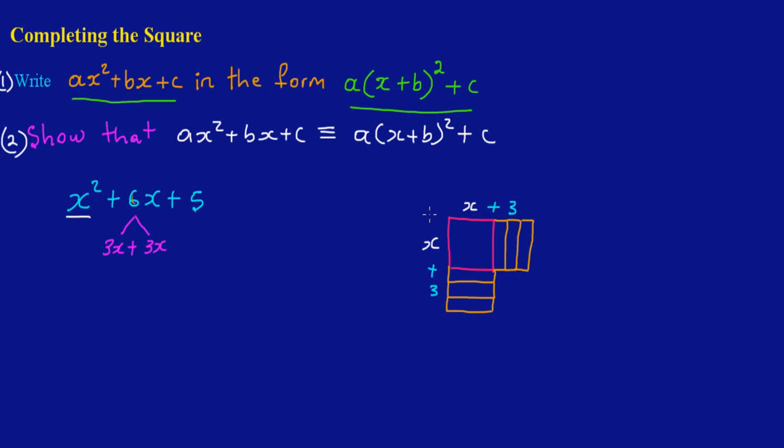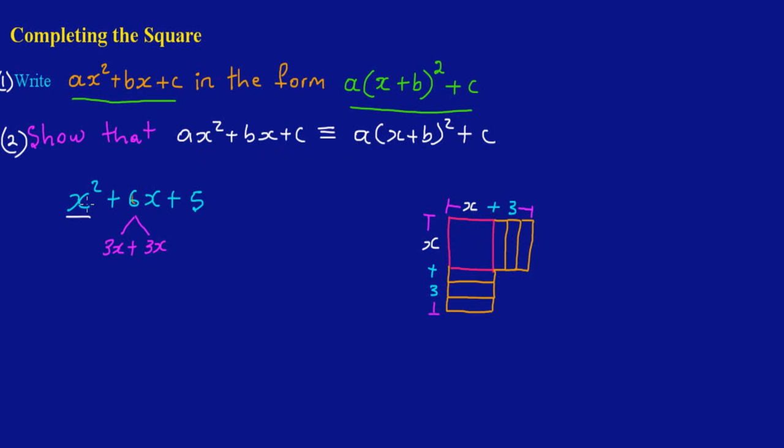This length here is x plus 3, this length here is x plus 3, and that length there is x plus 3. It's a square, and we know that in a square all sides are of the same length, so this length here is also x plus 3. This is the whole concept behind completing the square.